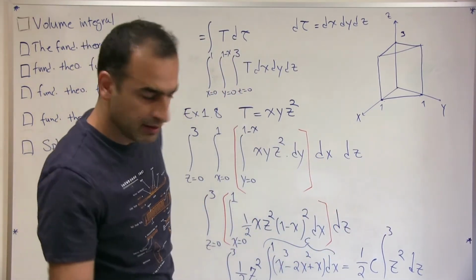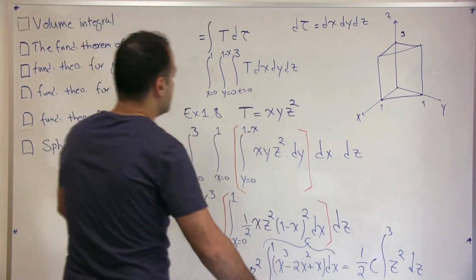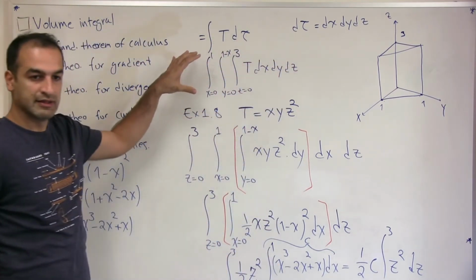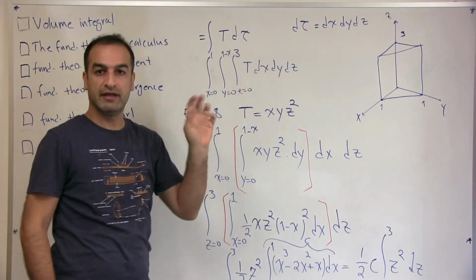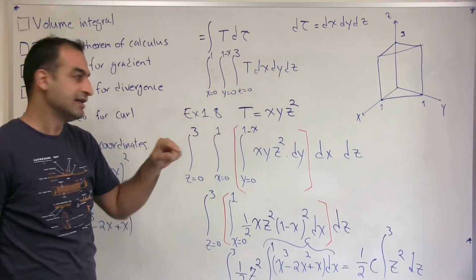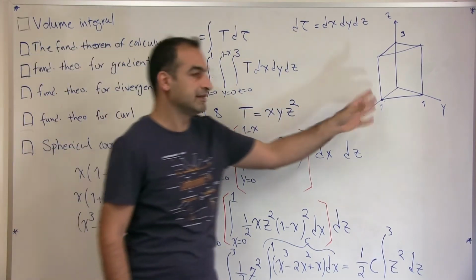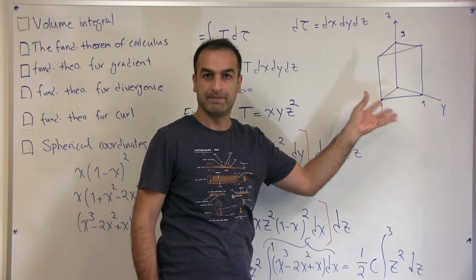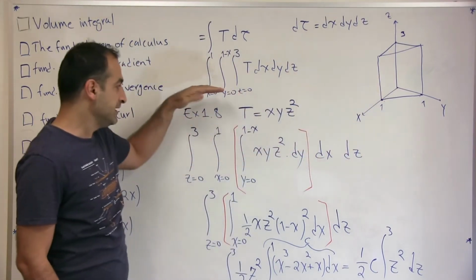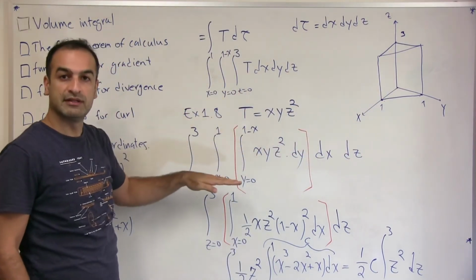Okay. So the basic process: look at your integral, make 3 integrals on x, y, and z. Be very, very careful of the limits and choose the limits such that it covers the 3-dimensional shape that you want to integrate over. Be careful of the limits and then separate all these integrals.